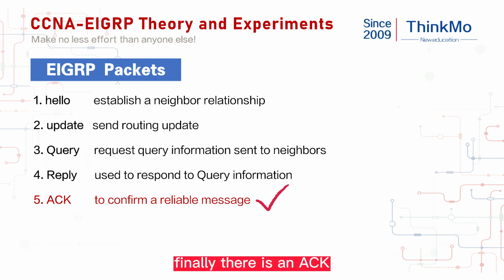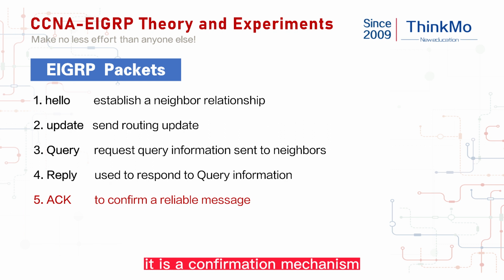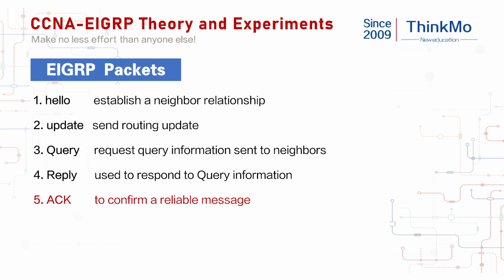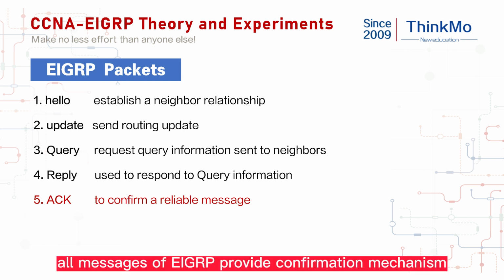Finally, there is an ACK. It is not a message. It is a confirmation mechanism. In the 4 messages mentioned above, there will be an ACK field that can be filled in. That is, all messages of EIGRP provide a confirmation mechanism.